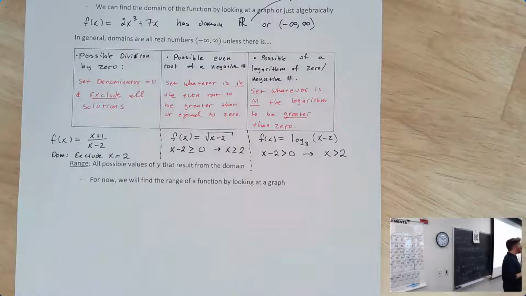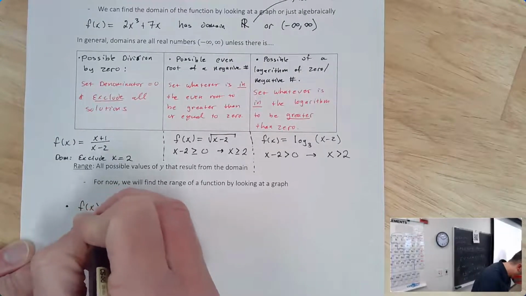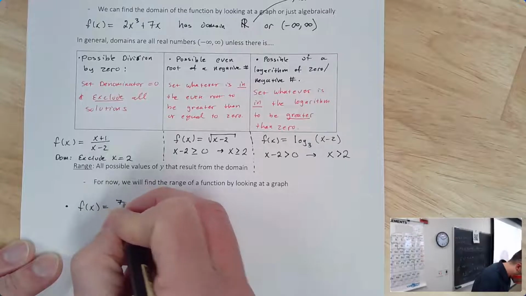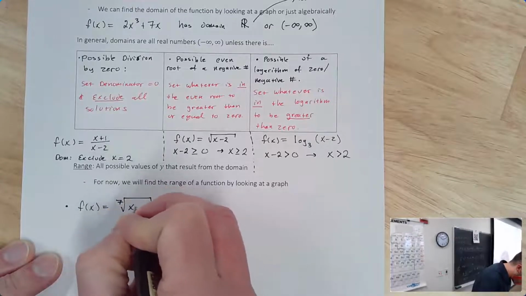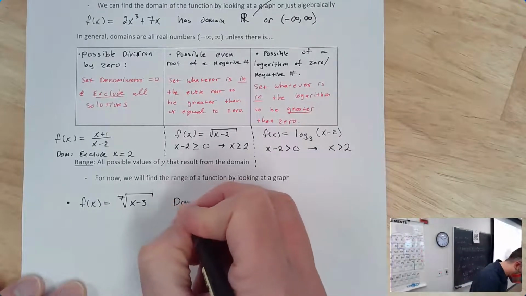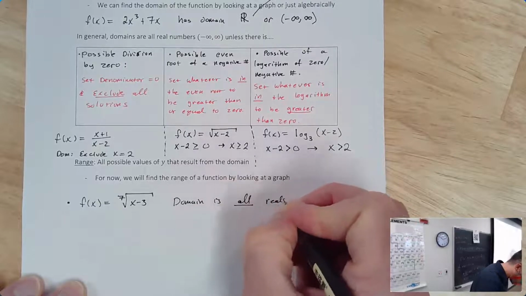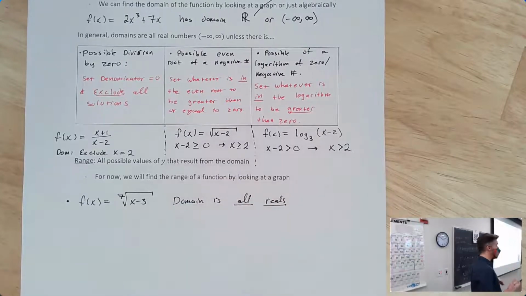Oh, and when I say an even root, I mean a square root or a fourth root or a sixth root, but not a cube root, not a fifth root. So that's actually a good point. If your function is something like the seventh root of x minus 3, here the domain is everything, because you can take the seventh root of positive numbers and of negative numbers.